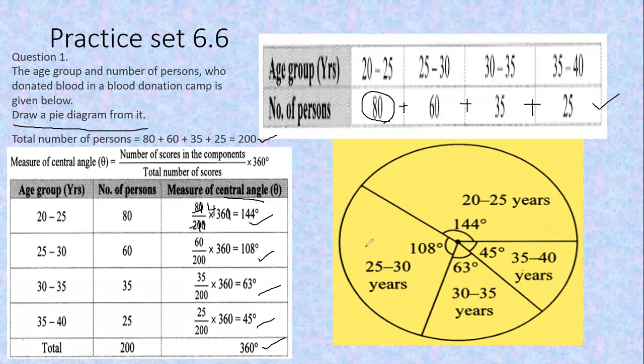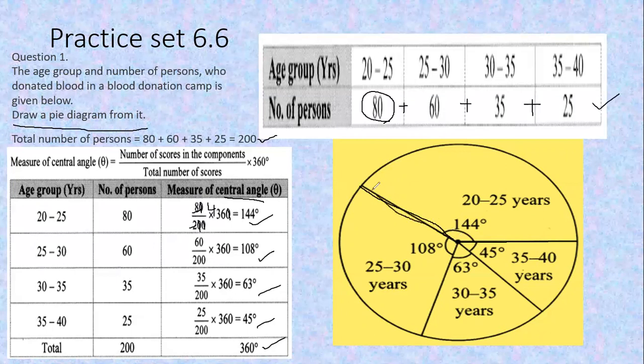So first you can draw a circle of any radius, 3 centimeter, 4 centimeter. Then draw one line. Suppose this line you drew. Keep your protractor here and take a measure of 144 and draw this line.